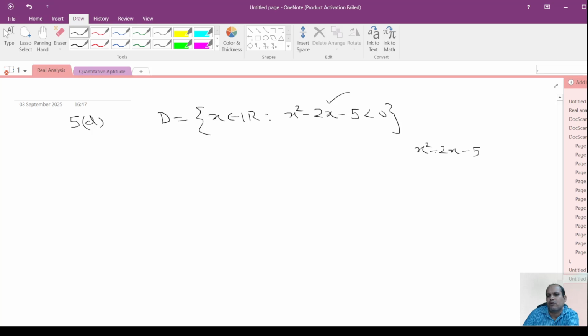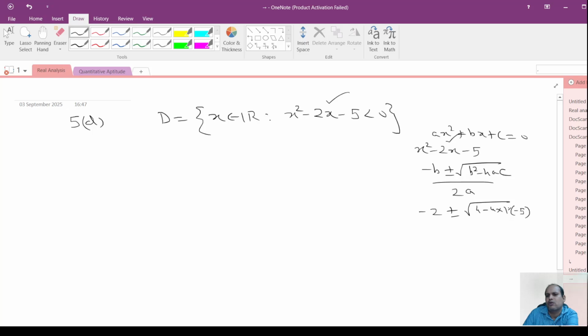Assuming it as 0, first of all try to compute its roots using the formula minus b plus minus root of b square minus 4ac by 2a. If I compare it with the standard equation ax square plus bx plus c equal to 0, then the roots are minus 2 plus minus root of b square, that is 4, minus 4 into 1 into minus 5, upon 2.